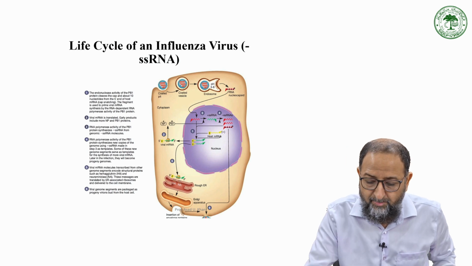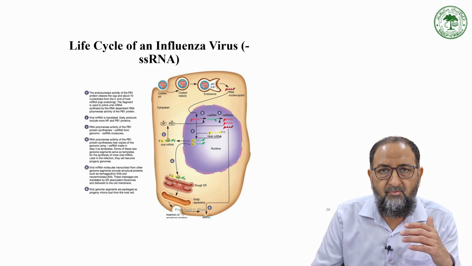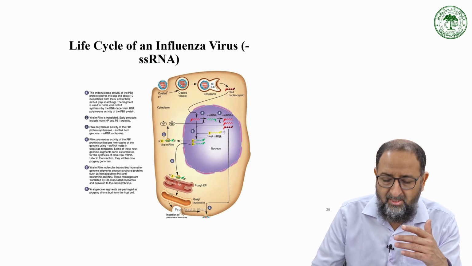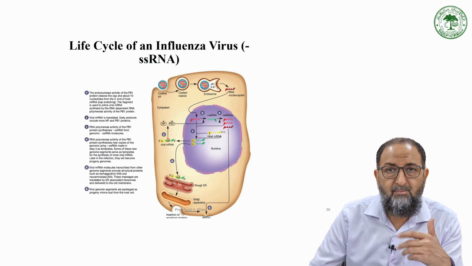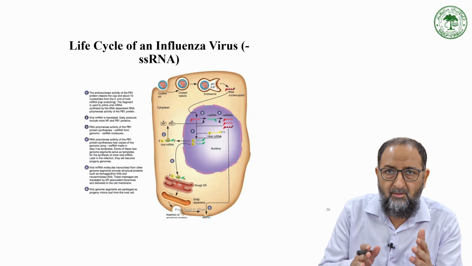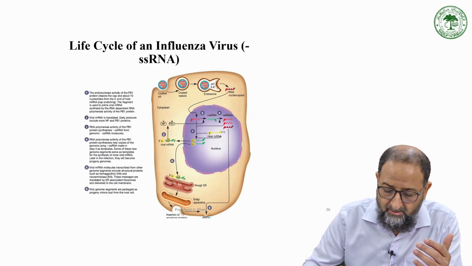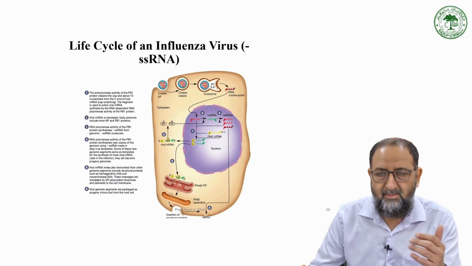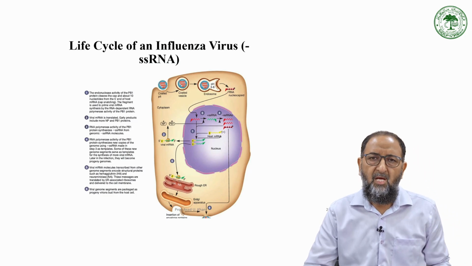Similarly, uncoating takes place with the help of the host machinery. Different pH conditions are provided by the host machinery, and enzymes are released which can function at that pH to lyse the coat and to remove the RNA or DNA. Then this RNA penetrates into the nucleus. Why the nucleus?